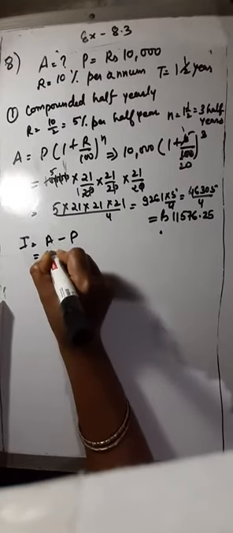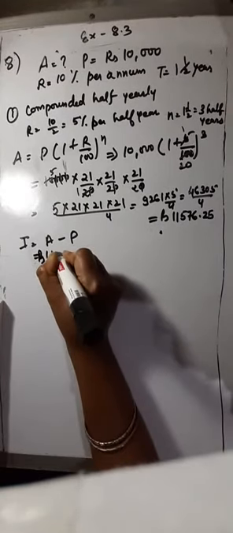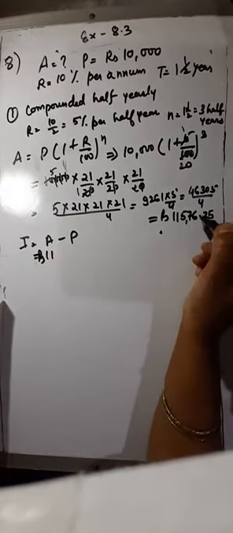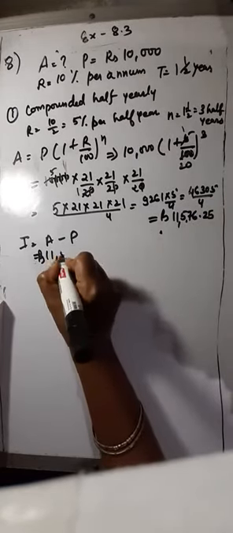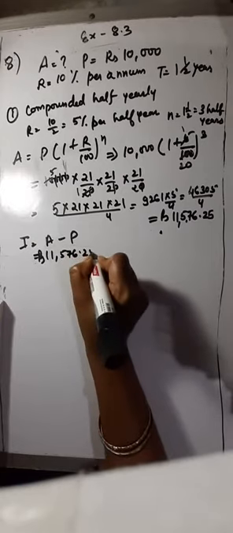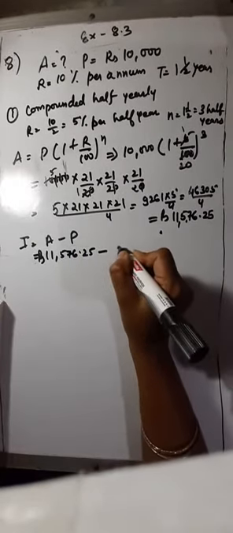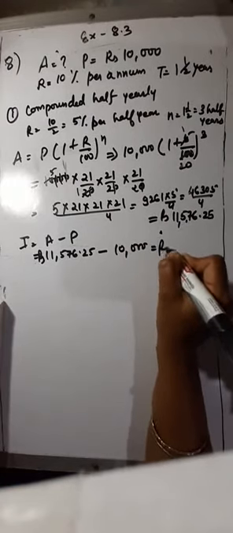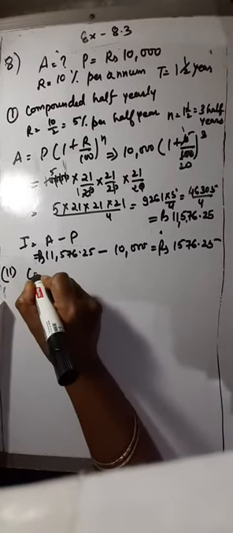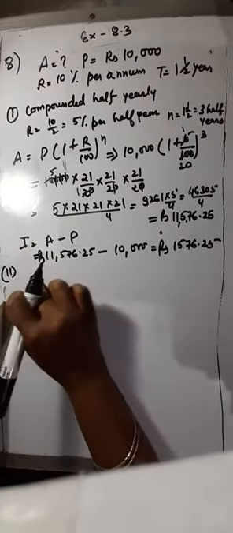Amount is rupees 11,576.25 minus principal amount is 10,000. After subtraction we get interest is 1,576.25.